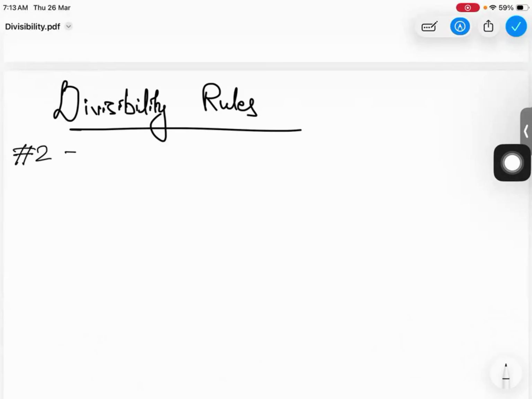The unit digit, the last digit, should be even, either 2, 4, 6, 8, and also 0. I think there is no confusion. These are not rules, these are basically common sense. I think this is clear.